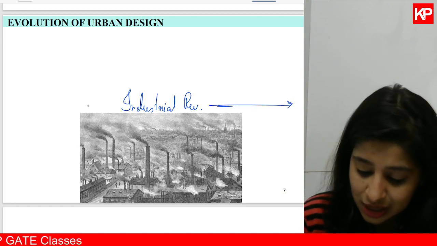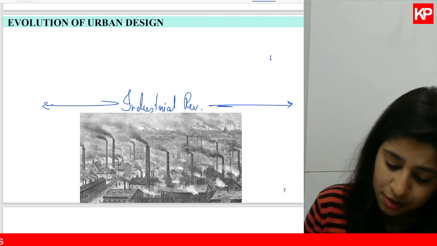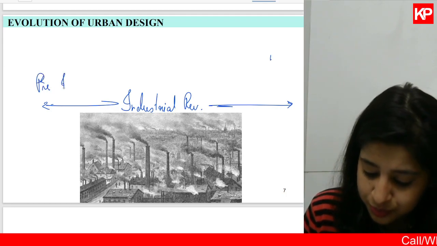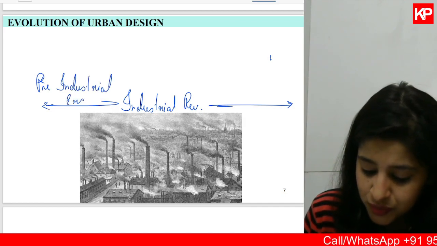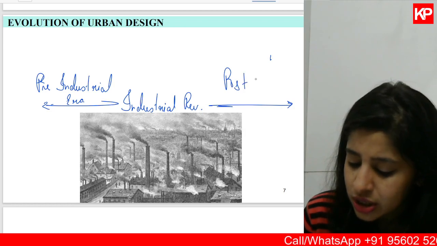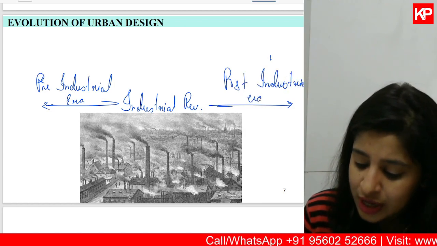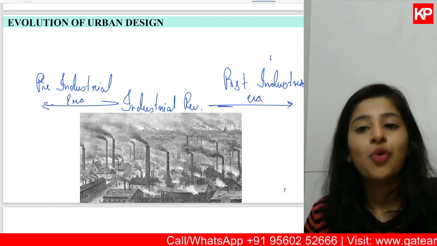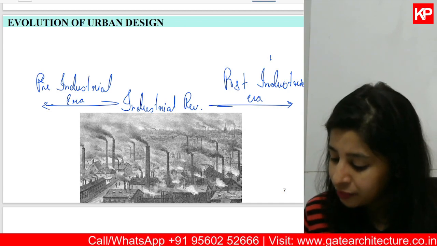So we will understand this evolution in two parts: the pre-industrial era and the post-industrial era. That means how the situation was before the industrial era and how it was after the industrial era.